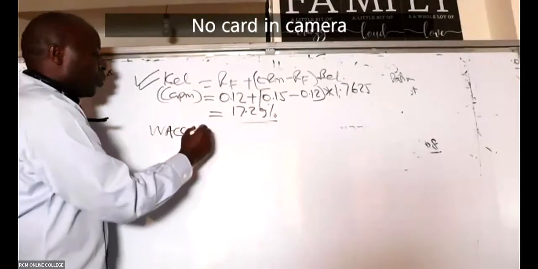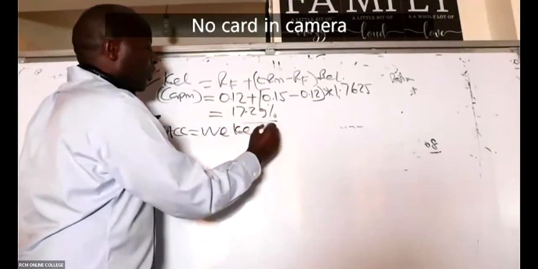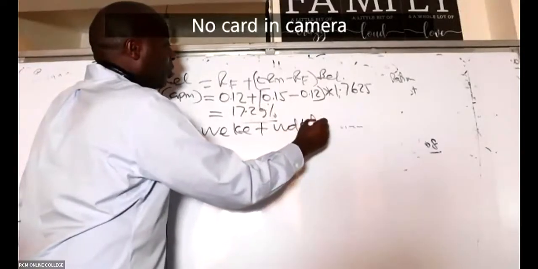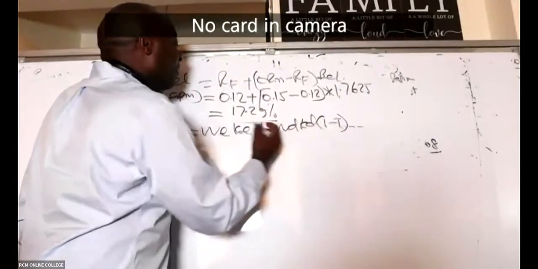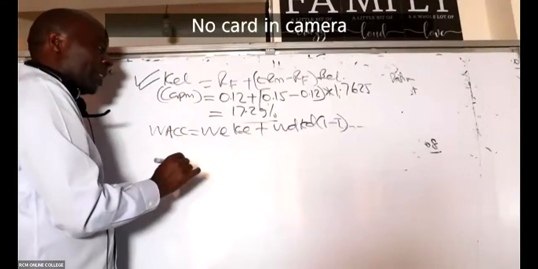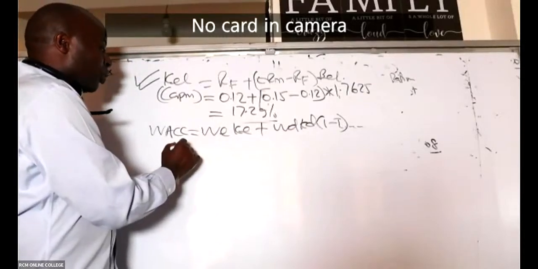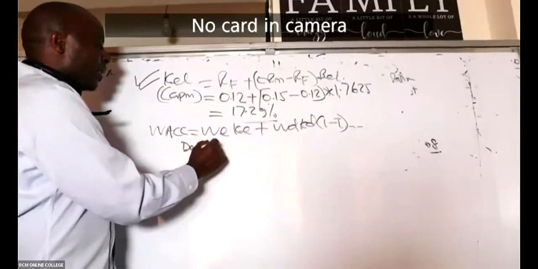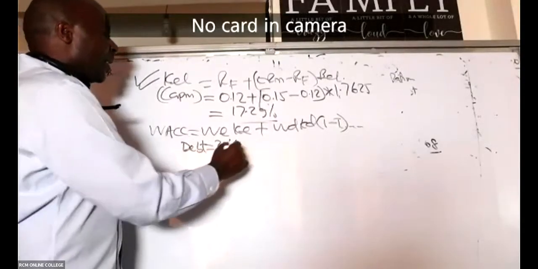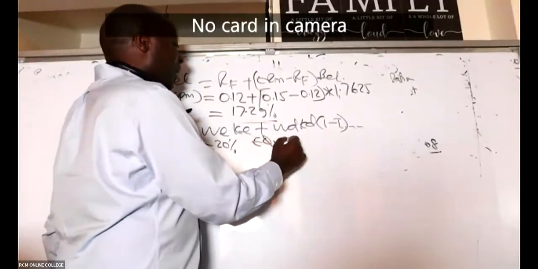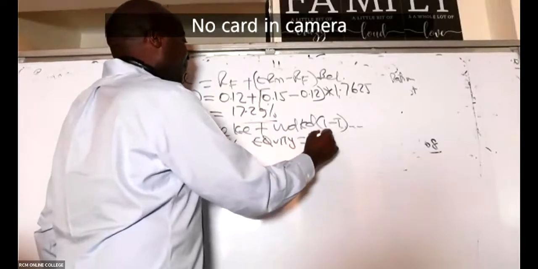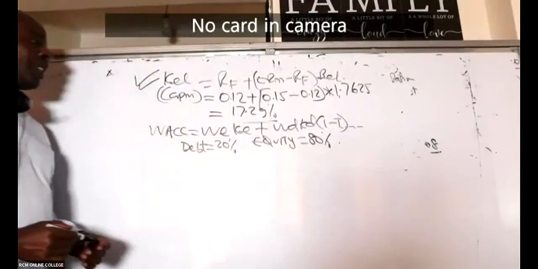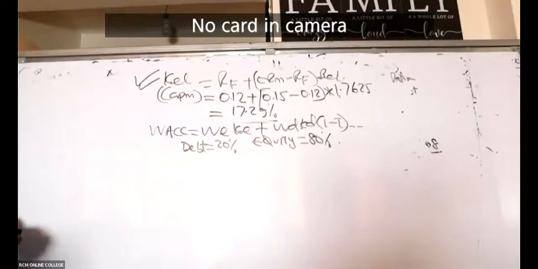We know that WACC is weight of equity times cost of equity, plus weight of debt times cost of debt times 1 minus tax. And remember, it is our weight, it's still our company here. Fortunately, they have told us debt is 20% and equity is 80%.